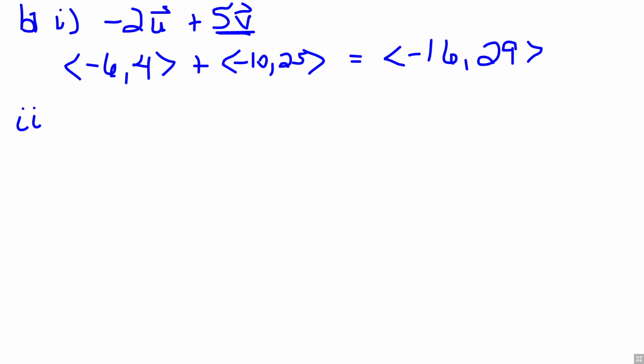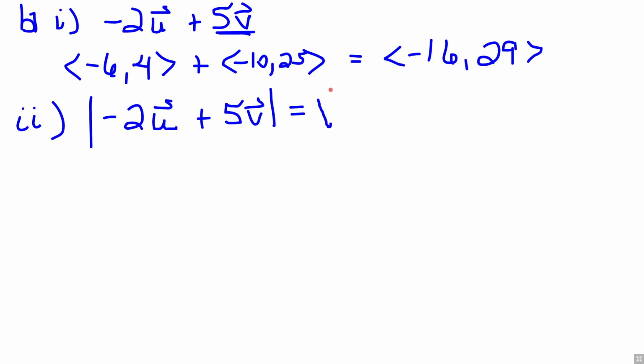All right. So the second part is that we want to find the magnitude of this. If we do the magnitude, it's going to be the square root of, the first number we're going to have is what? Negative 16. Okay, so yeah, negative 16.